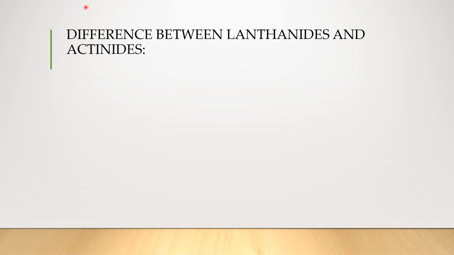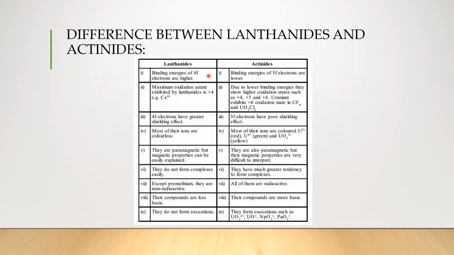Now we are going to see the differences between lanthanides and actinides. The first point is binding energies. The binding energies of 4f electrons are higher and the binding energies of 5f electrons are lower. The second point is the maximum oxidation state exhibited by lanthanides is +4, for example Ce4+.